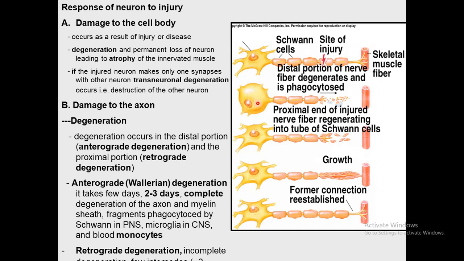As we recall, we said that with any damage to the neuron we have a nasal body reaction or chromatolysis, the disappearance of the nasal bodies. Those are the degenerations which occur within the neuron. Then after that, a regeneration will take place.